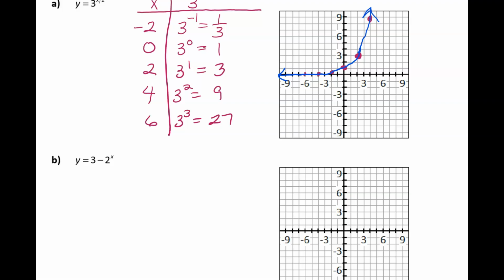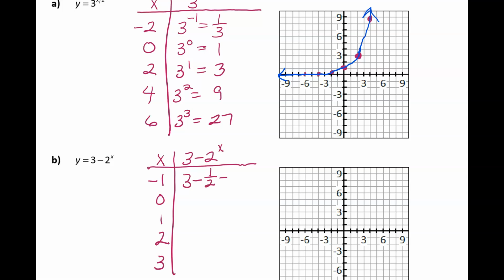So for this one, it doesn't appear that there's any operations happening to x before we use it as an exponent. So let's just go ahead and plug in some whole numbers. Let's use -1, for instance, 0, 1, 2, 3, and see what that does. So 3 minus, and then 2 raised to the -1 power would be 1/2, so that's going to be 2.5.